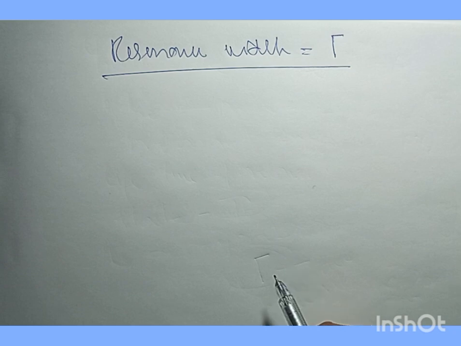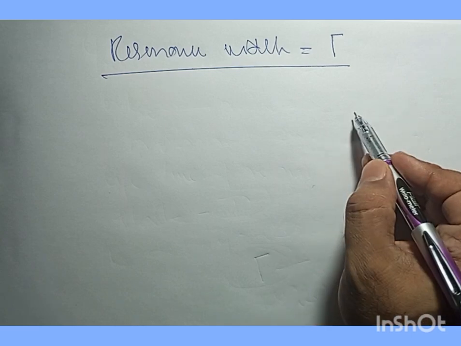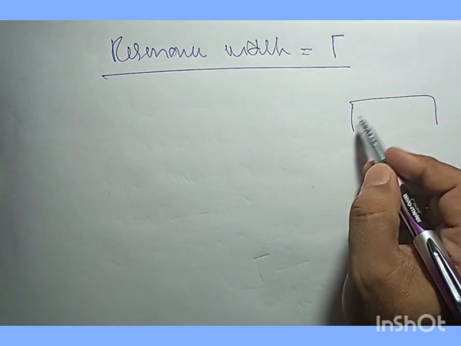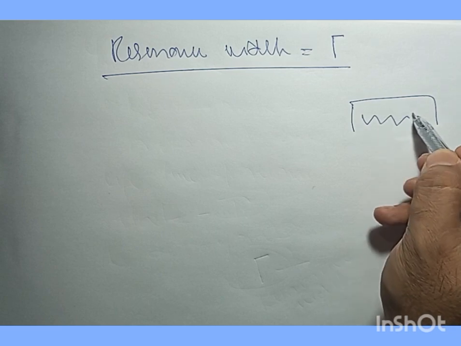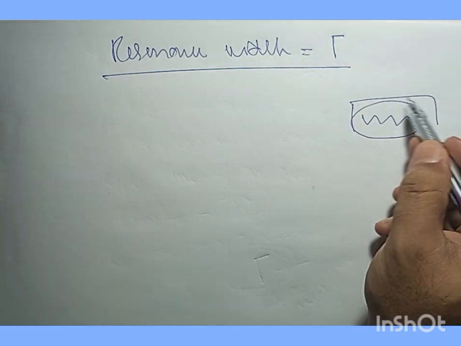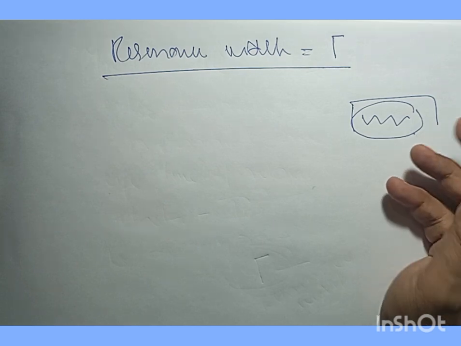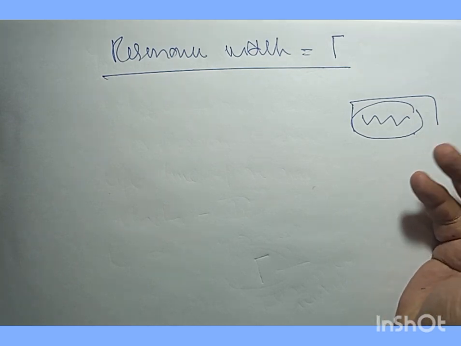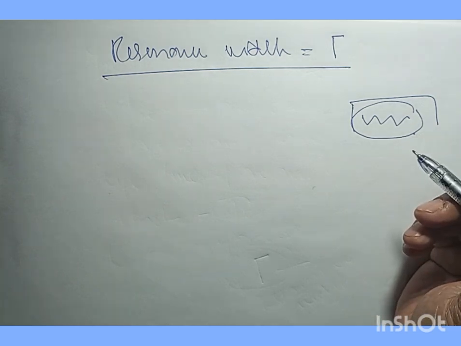So what we do here is we start by considering a resonant state that's temporarily trapped within the potential. So we assume that we have a resonant state, and this state is trapped within a potential well, and eventually it decays and gives rise to some exponential decay law.